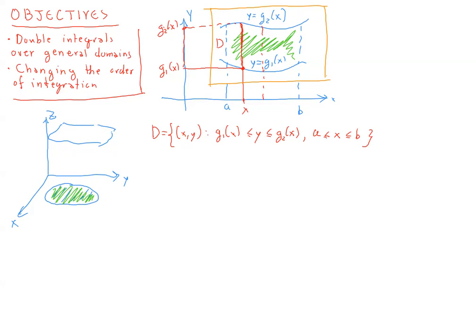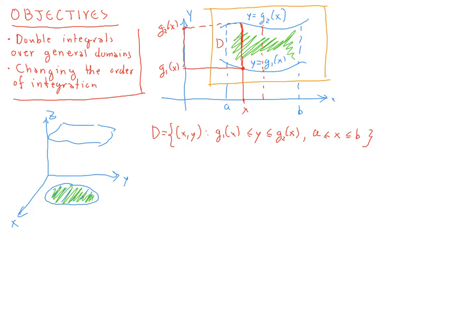The only part that will matter is the part that is between G1 of X and G2 of X. Of course, we have to specify what will be the new function that you will be defining on that interval.